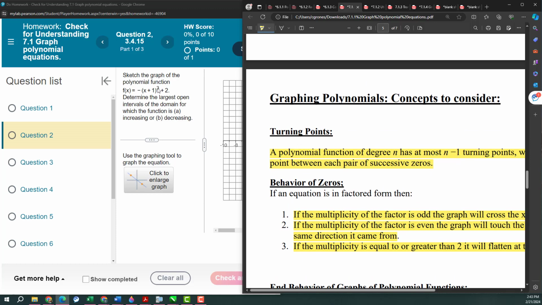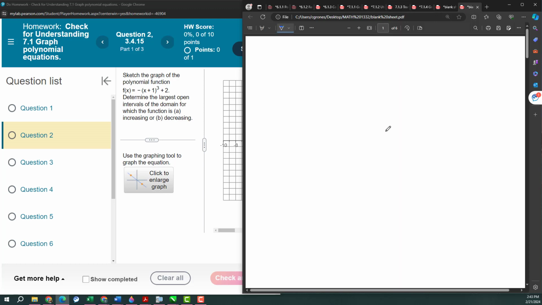So we have x cubed, so we know that there's going to be 2 turning points in our graph. So this is going to be 7.1, number 2, and we are going to graph f of x equals negative x plus 1 cubed plus 2.